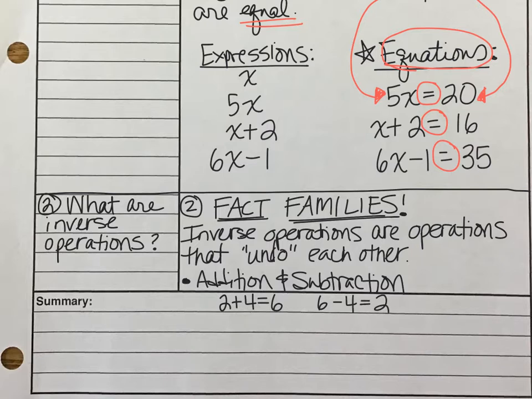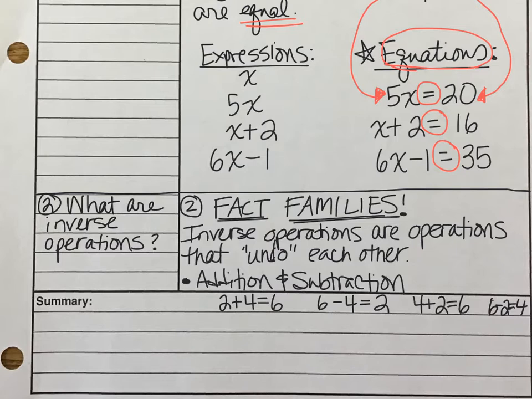And likewise, we could make another addition sentence, 4 plus 2 equals 6, and we can make another subtraction sentence, which is 6 minus 2 equals 4. So you have 4 number facts that all contain the same 3 values, and you've used 2 different operations to represent the relationship between them.